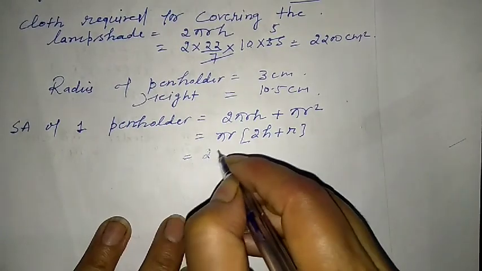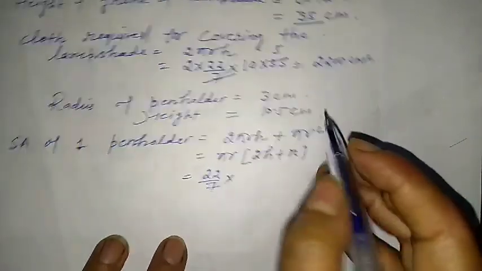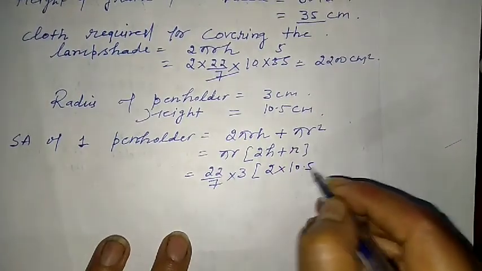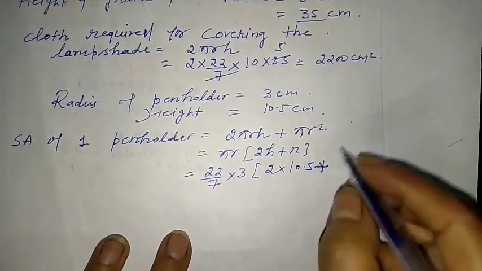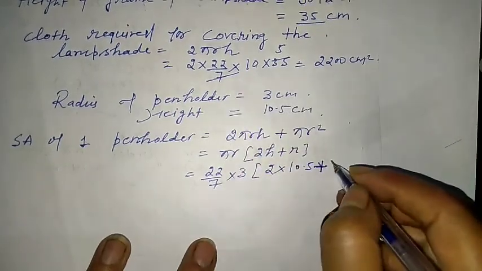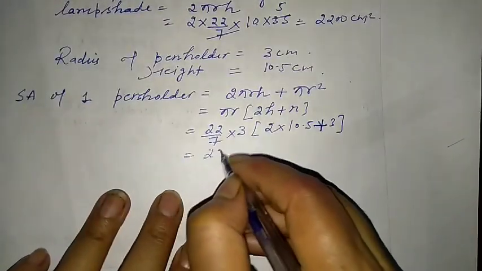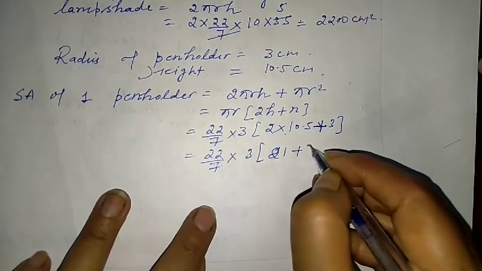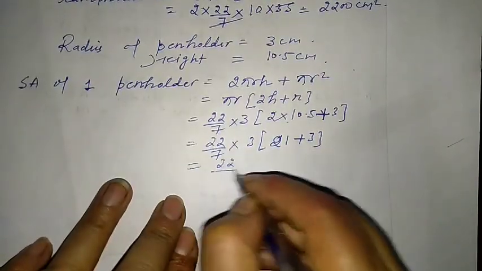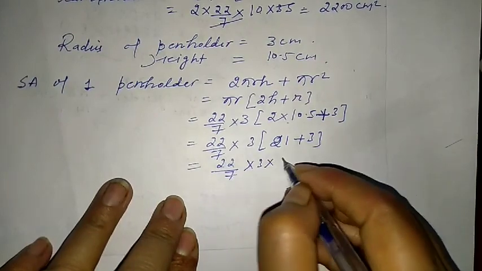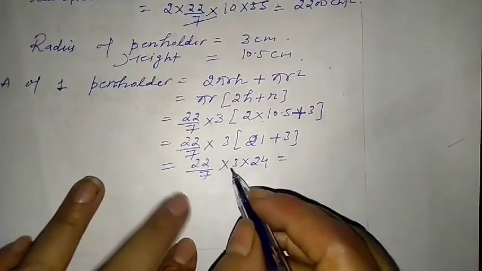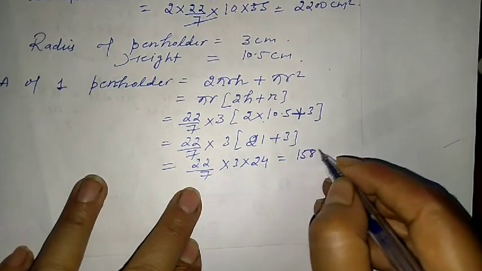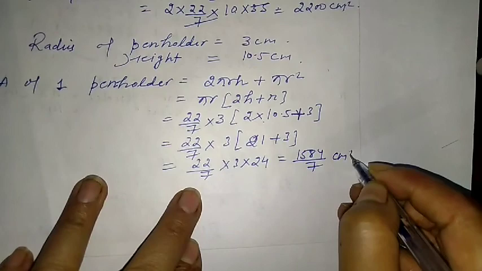Now put the values. 22 upon 7, r is given 3, 2 into h is given 10.5 plus r is given 3. That is 22 upon 7 into 3. This is 21 plus 3. So 22 upon 7 into 3 into 24. That is equals to 66 into 24, 1584 upon 7 centimeter square.